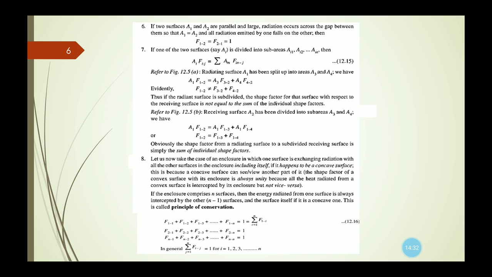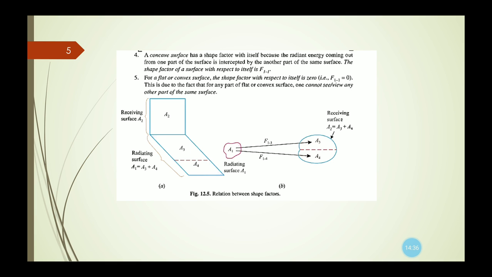Now, if we refer to figure 12.5b, it is this figure. The radiating surface is A1, and the receiving surface is A2, which is divided into two different surfaces, A3 and A4.